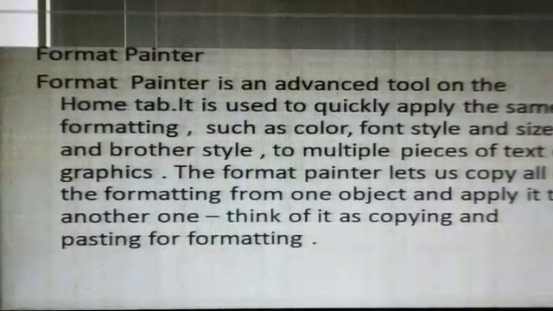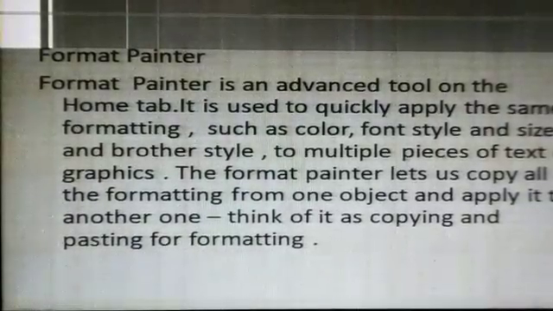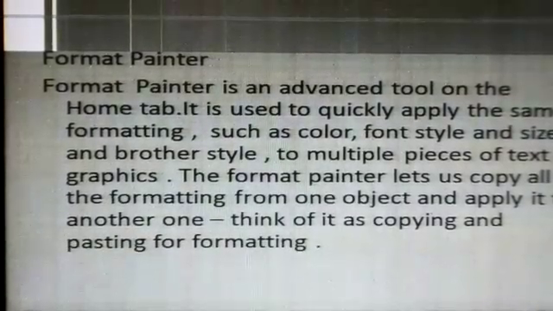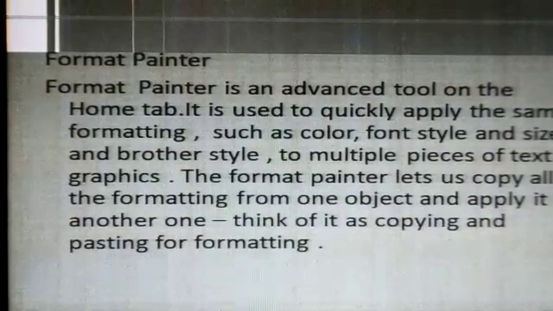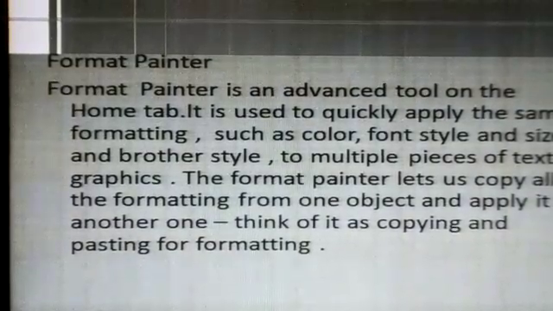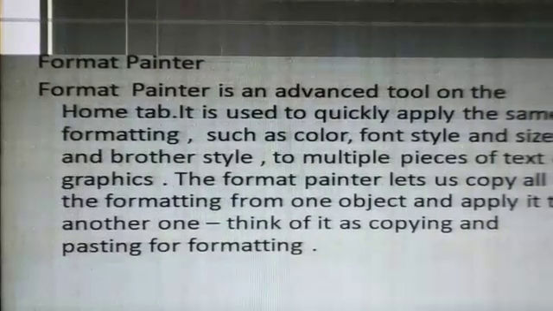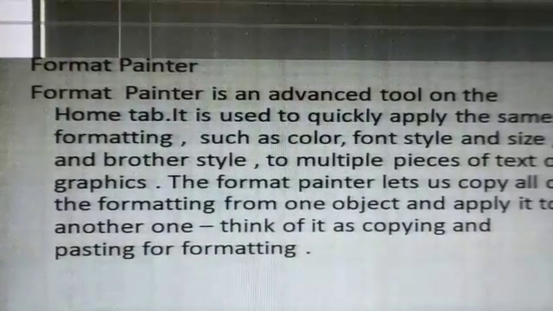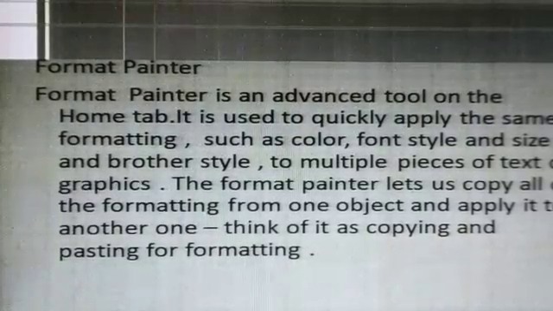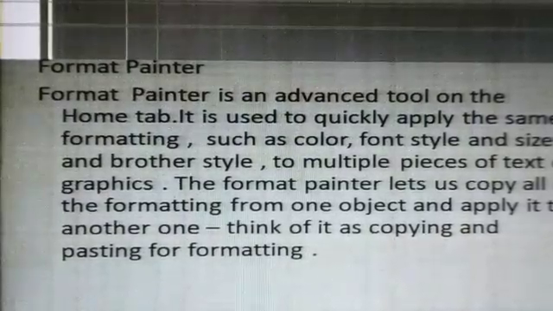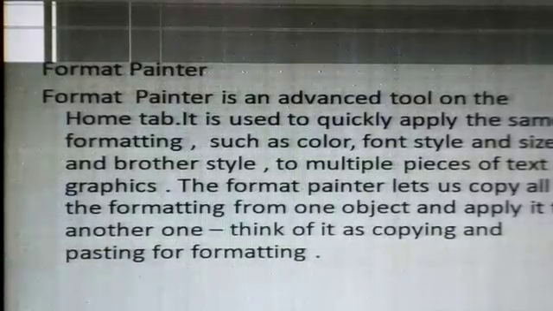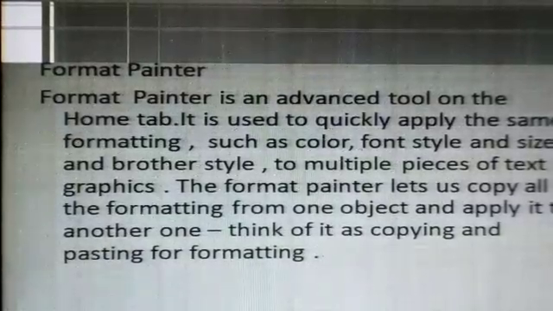If you have written a word or text with a different color, with different font style, you can copy that style with the help of Format Painter without applying that color, without applying that border style, without applying anything. You just have to copy that style with the help of Format Painter.